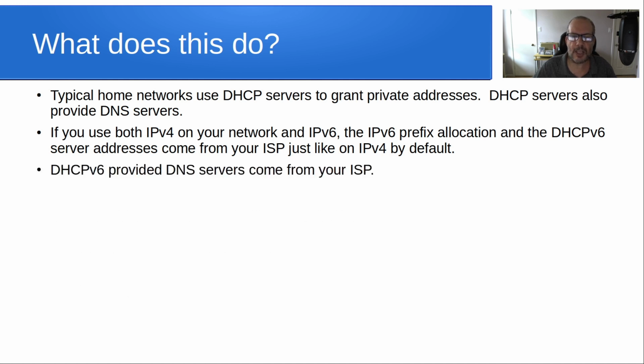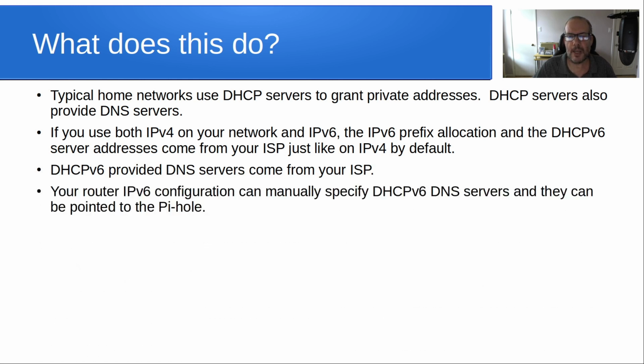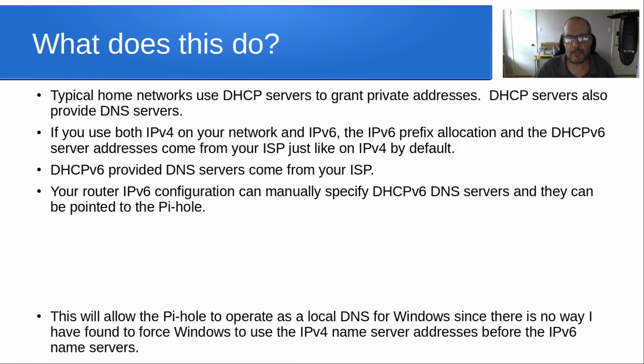So DHCP version 6 provided DNS servers come from your ISP, as I mentioned earlier. Your router IPv6 configuration can also manually specify DHCP version 6 servers, and they can be pointed to your Pihole just like you pointed your IPv4 to your Pihole.